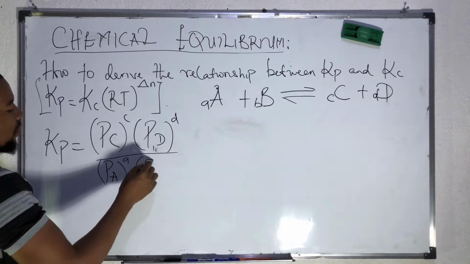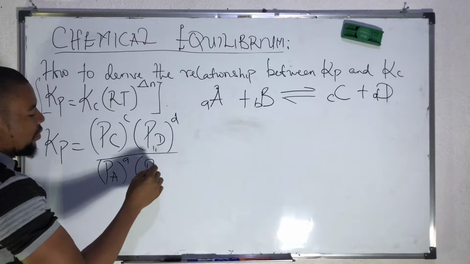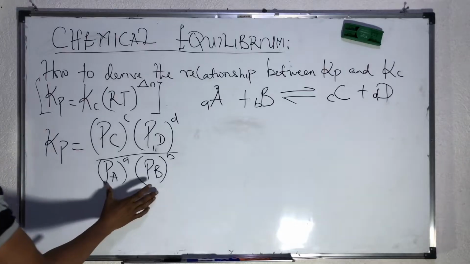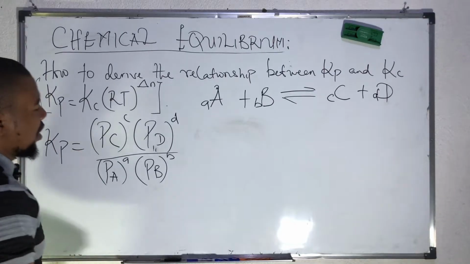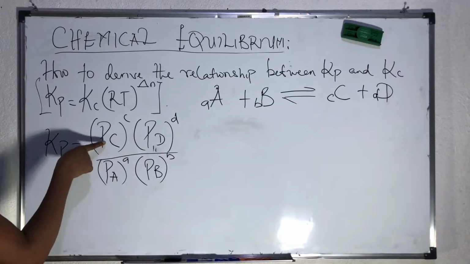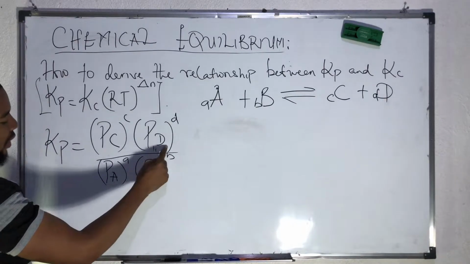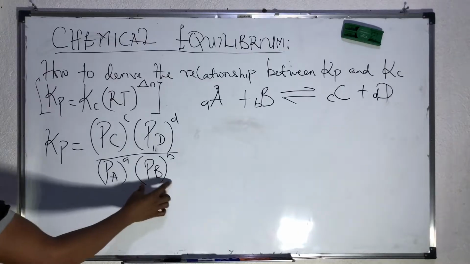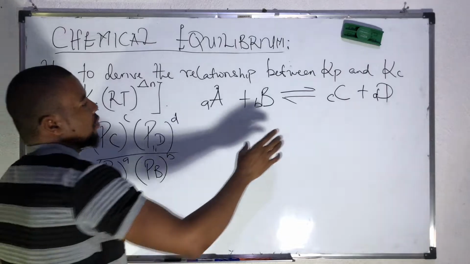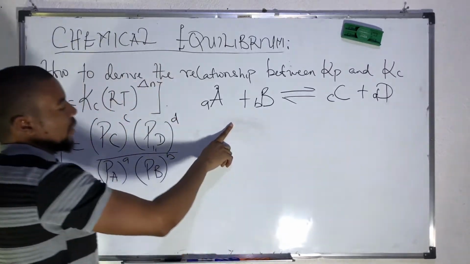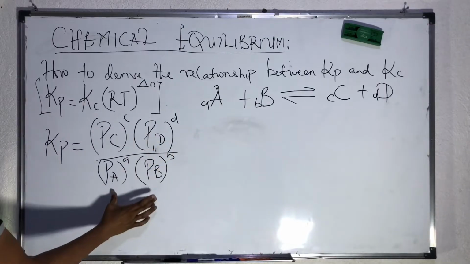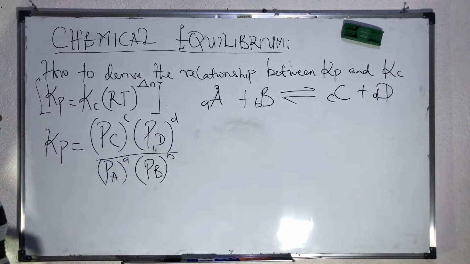And lastly, we have partial pressure of B raised to the power b. Now we have our Kp expression. This simply means partial pressure of C, partial pressure of D, partial pressure of A, and partial pressure of B. Remember, it always has to be products over reactants, okay? On the numerator we have our products, and below we have our reactants.